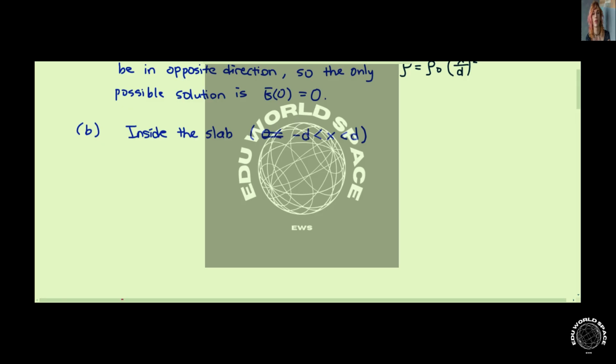We are going to choose a Gaussian surface that includes the x equals 0 plane and extends to some point x, at a distance away from the x equals 0 plane. Then I'll be using Gauss's law.